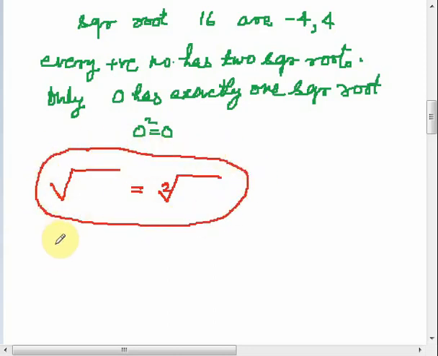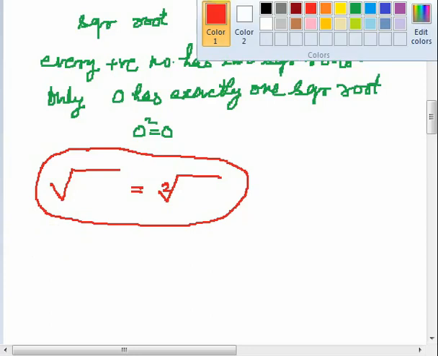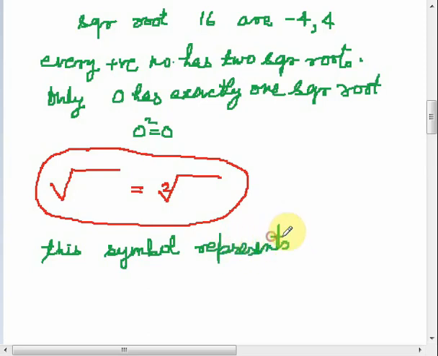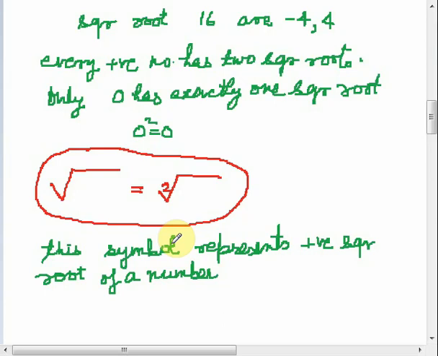This symbol represents the positive square root of a number. We call it the principal square root.